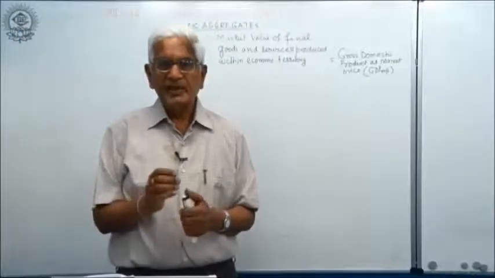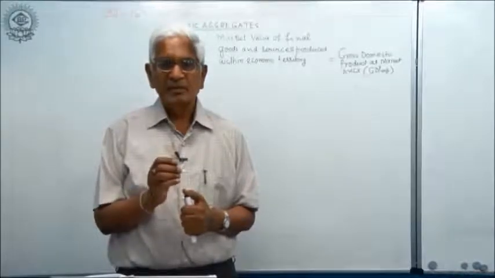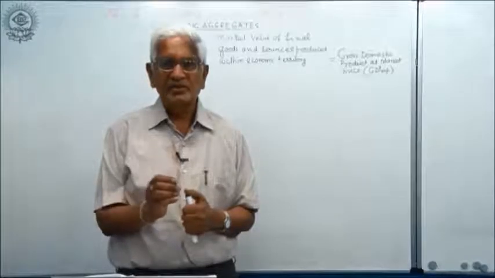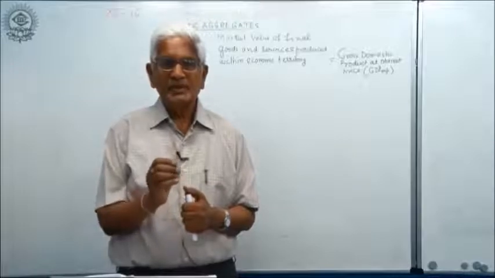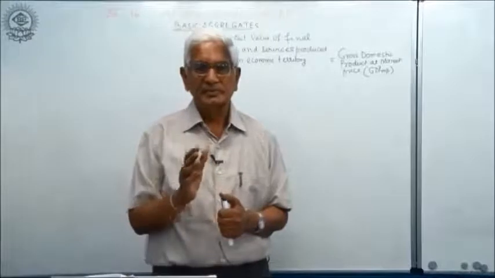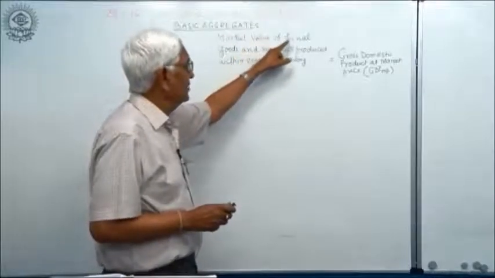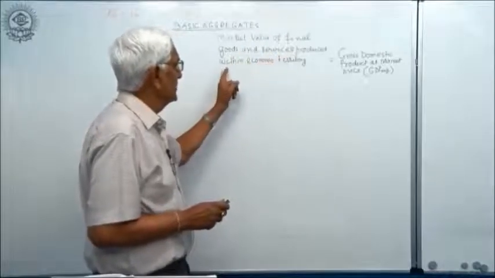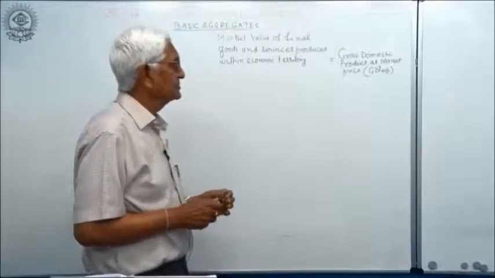The first aggregate is arrived at by taking the value of final goods and services produced within the economic territory of the country. Market value of final goods and services produced within the economic territory of the country.